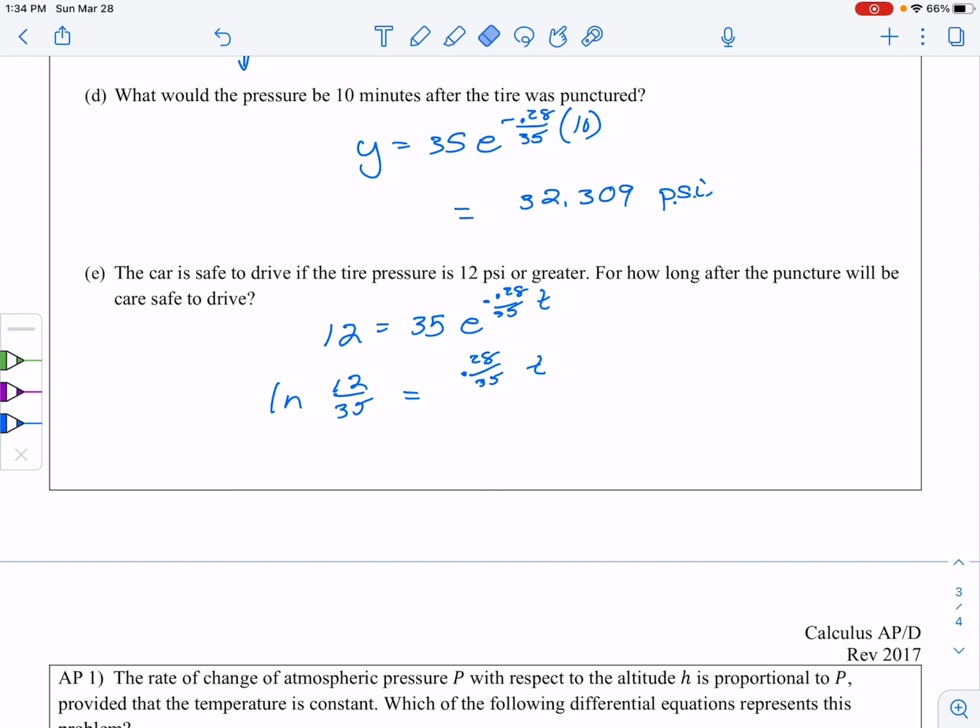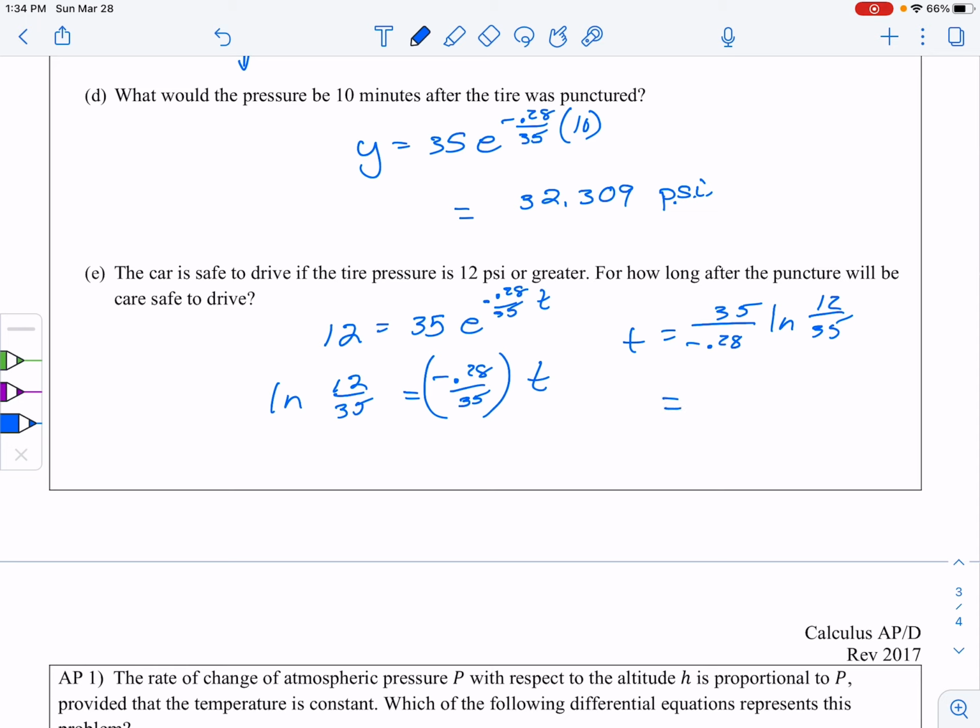That was the whole point of it, right? Negative 0.28 over 35 times t. So t is equal to 35 over negative 0.28 times the natural log of 12 over 35. You notice I would leave it that way, and I don't punch it in my calculator until the end.